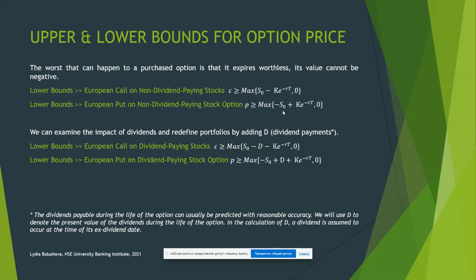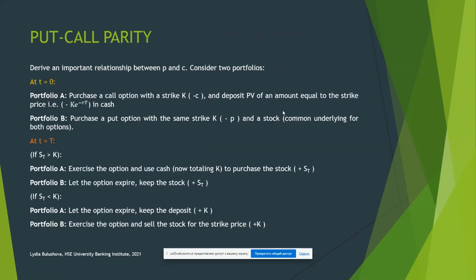So why do we need these upper and lower bounds? Because it looks a bit ridiculous. Upper bound, lower bound, why do we need it? We use these upper and lower bounds in the logic of put-call parity.